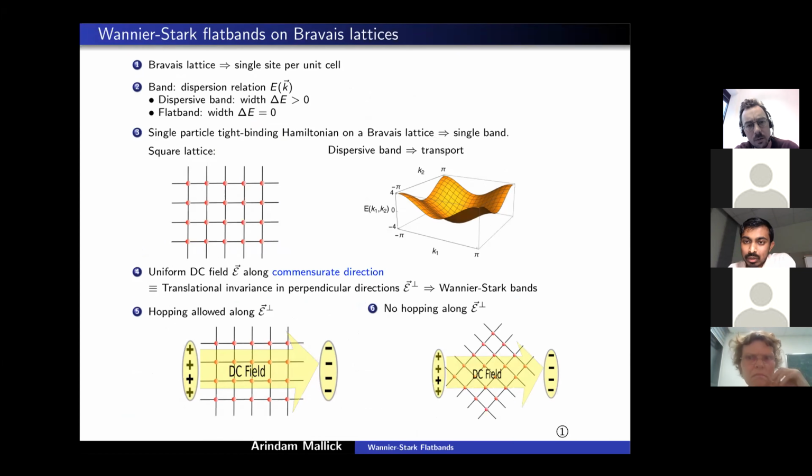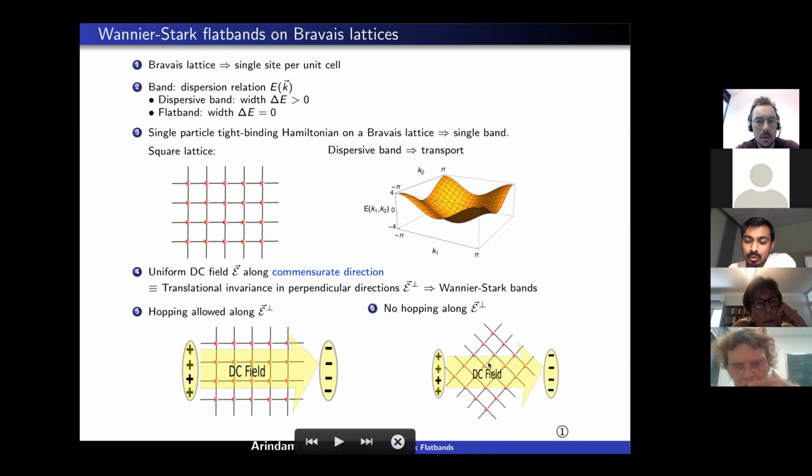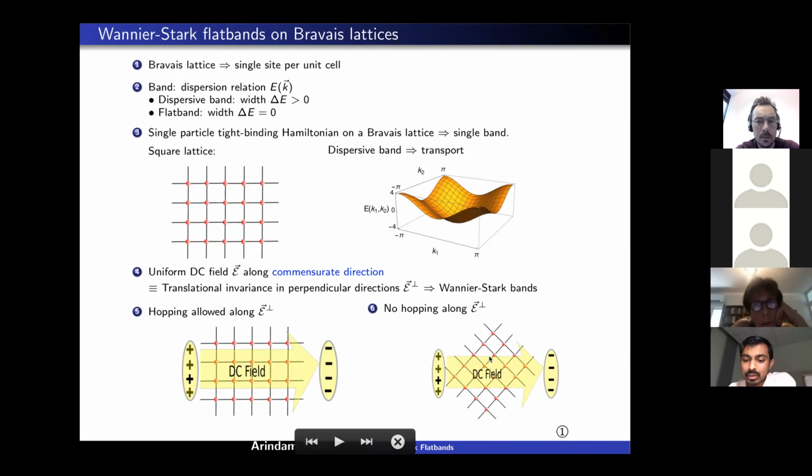No, I don't think so. If you consider all hoppings to be exactly the same, that means zero magnetic flux. Still, you support all bands flat.